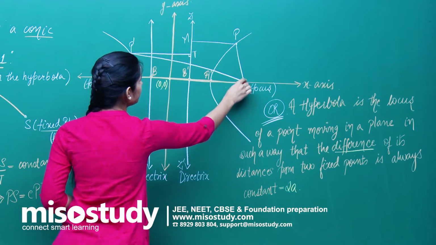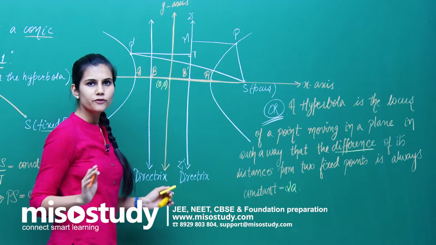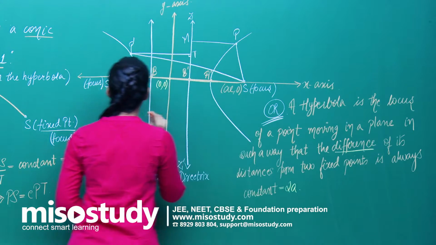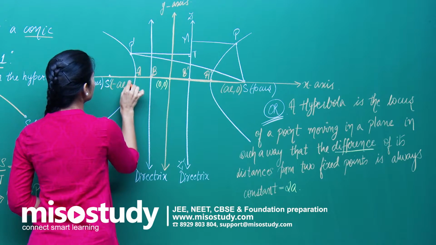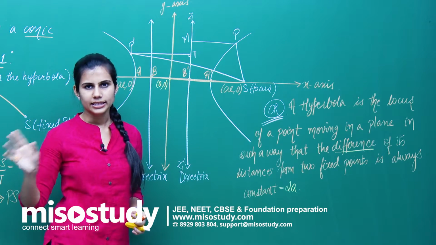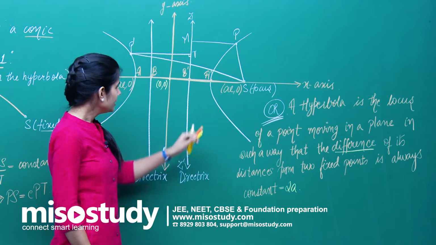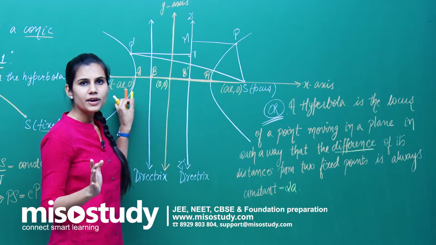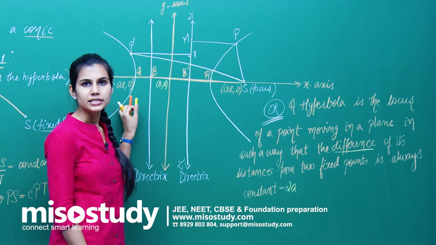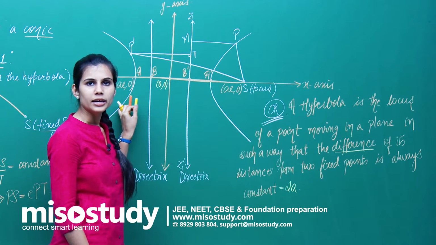So what you can do is keep these two as the fixed points, which are my foci, and assume the coordinates to be (ae, 0) and (minus ae, 0). Exact same coordinates as in the case of ellipse. If you remember, the proof is exactly the same to find out the coordinates of S and S dash, which are the two foci.